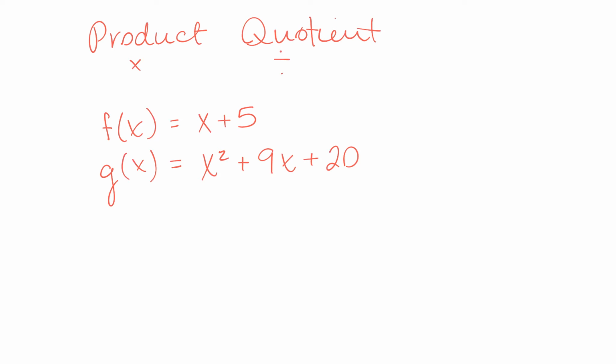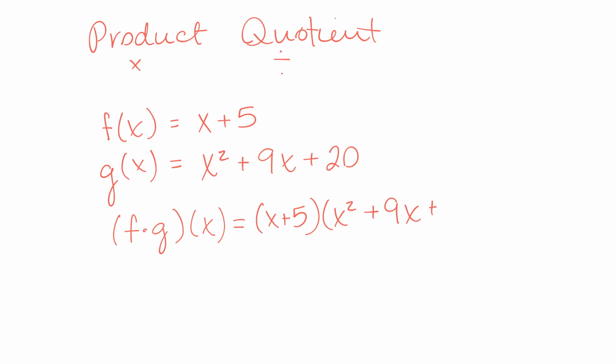So what if we were looking for the product of these functions? If we were looking for the product, we would say f times g of x. And what we would do is just simply multiply those together. It would kind of be just as you'd expect.